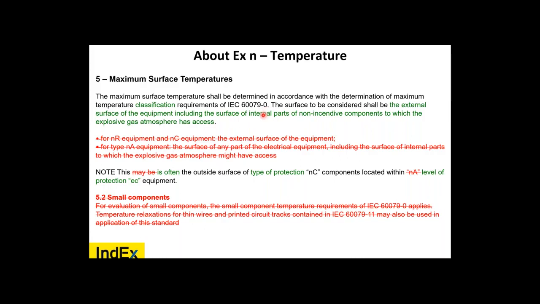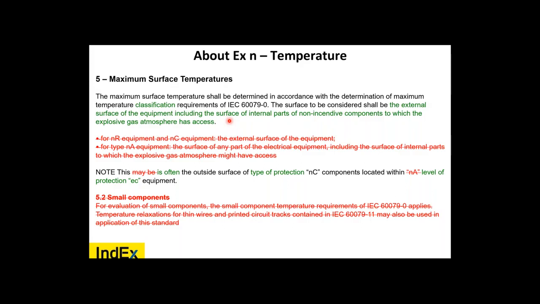You must make reference to all the other standards listed within that standard. The surface to be considered shall be the external surface of the equipment, including the surface of internal parts of non-incentive components to which hazardous atmospheric gas has access to.